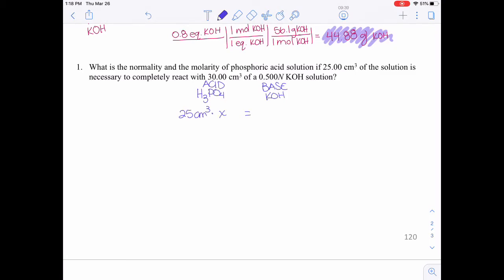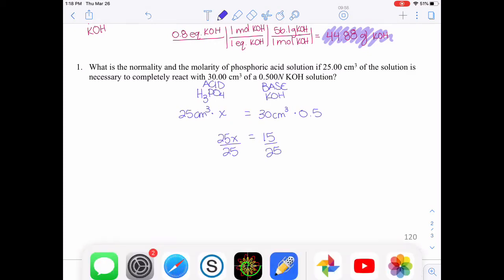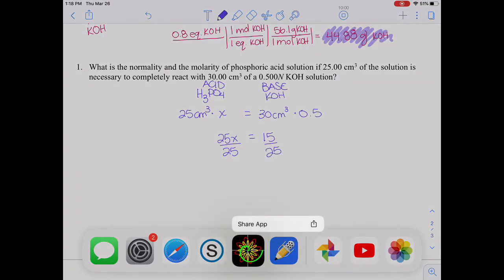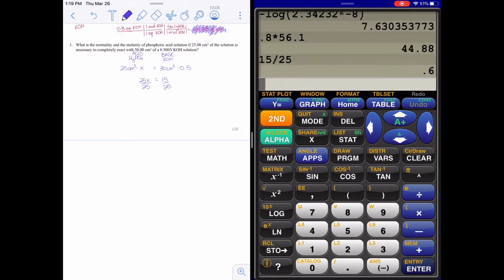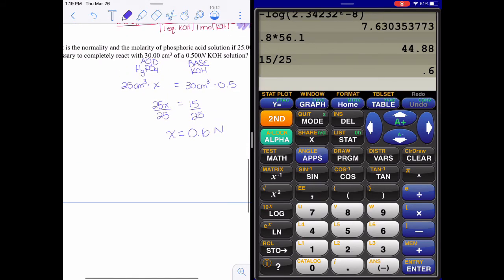I'm just going to use X. We have 30 cubic centimeters, and it is 0.5 normal. So this is 15, 25 X. Divided by 25 is 0.6. And this is my normality answer.